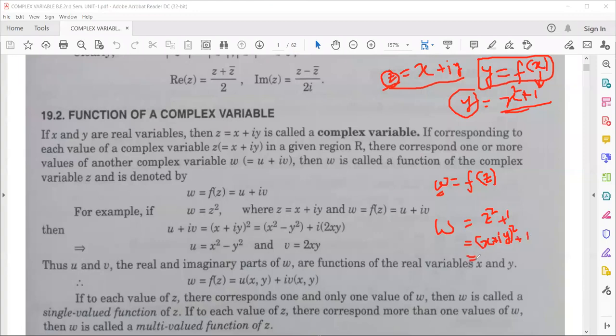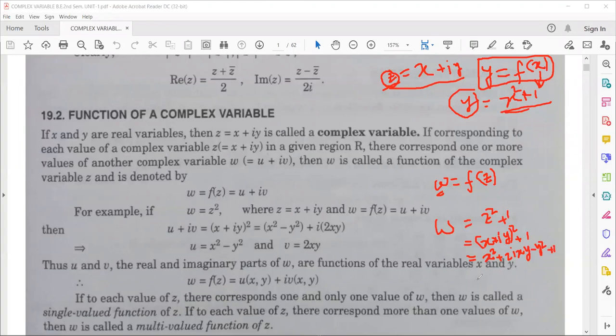Now if you expand this (a plus b) whole square, you get x square plus 2ixy plus (iy) whole square. (iy) whole square means i square into y square, and i square is minus 1, so it will be minus y square, plus 1.